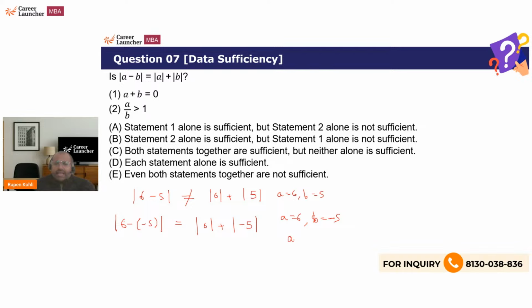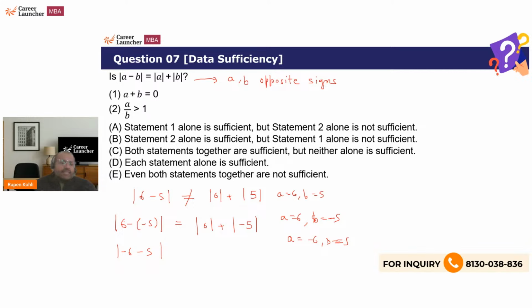It could be that a is minus 6, b is plus 5. That would also work, because eventually inside the mod the minus sign goes away. So basically, this condition will be satisfied if a and b are of opposite signs, right?